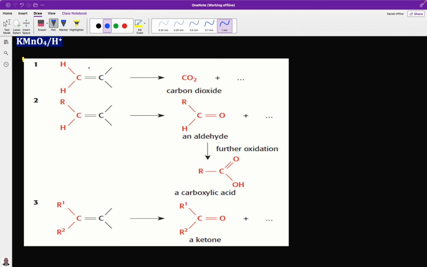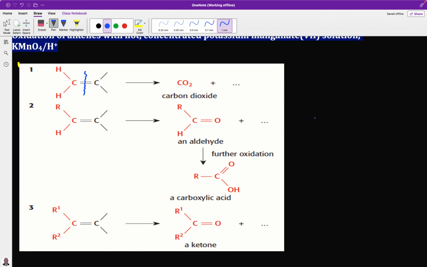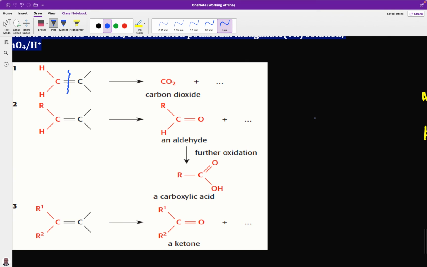And when that splitting goes, it gives us what we were talking about the other time, carbon, hydrogen, with this.